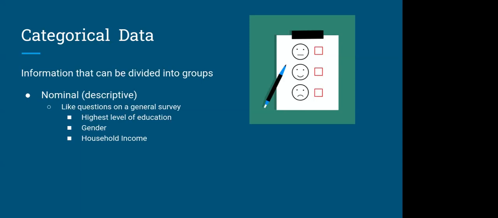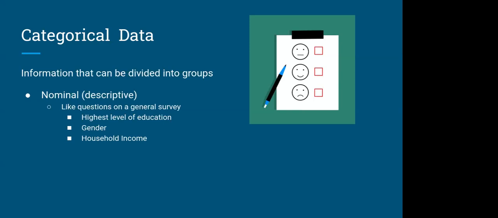Category. Absolutely. So therefore, categorical data is information that can be divided into groups. Okay? Categories, yes, makes sense. I keep telling y'all, math is so logical. I love it.